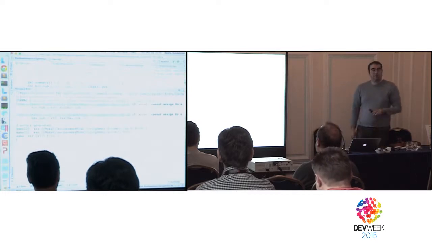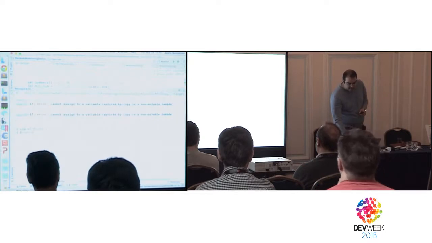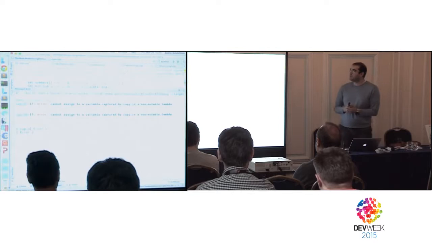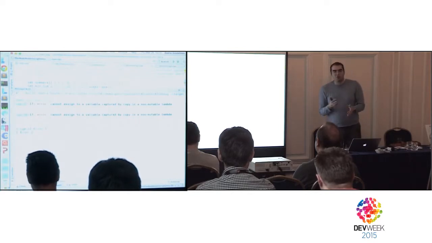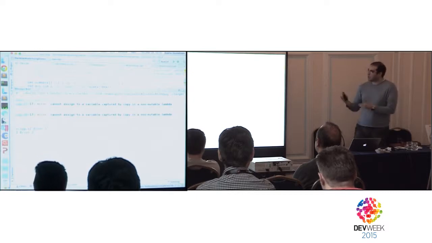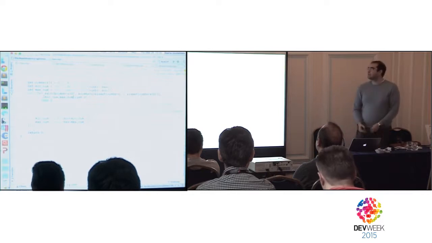And it's a different error this time. It says, cannot assign to a variable captured by copy in a non-mutable lambda. So again, if you know what a mutable lambda is and if you know what a capture is, then the error message makes sense, but otherwise it's kind of cryptic. I mean, what do you mean I can't assign to it? I could read from it, why can't I assign to it?